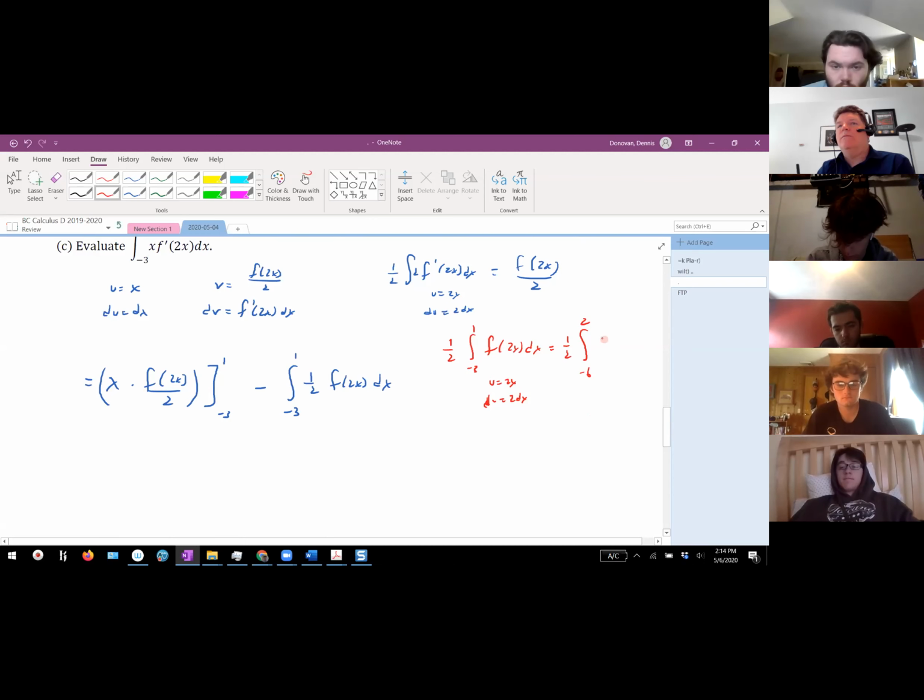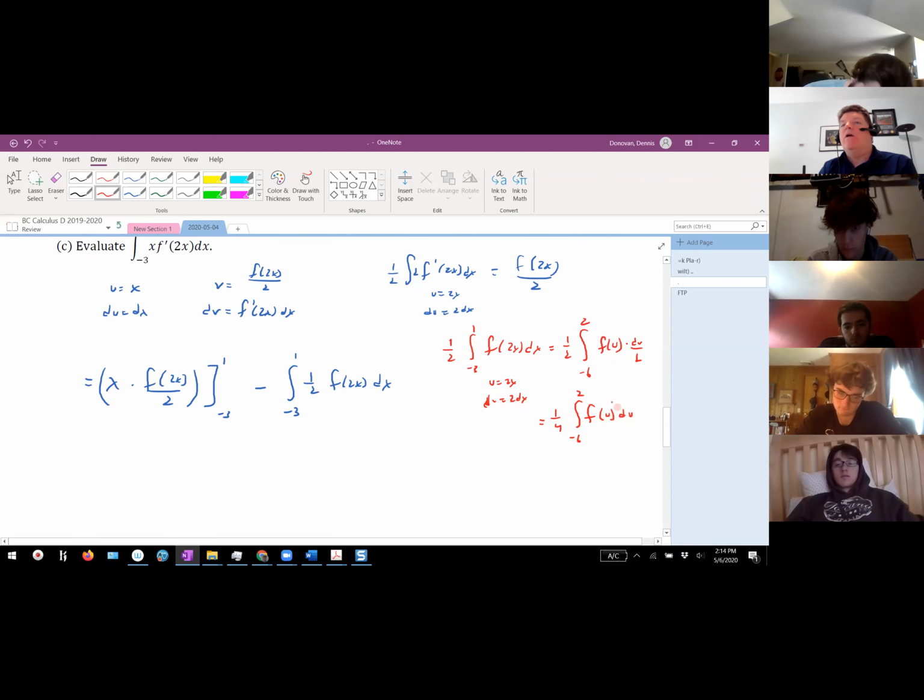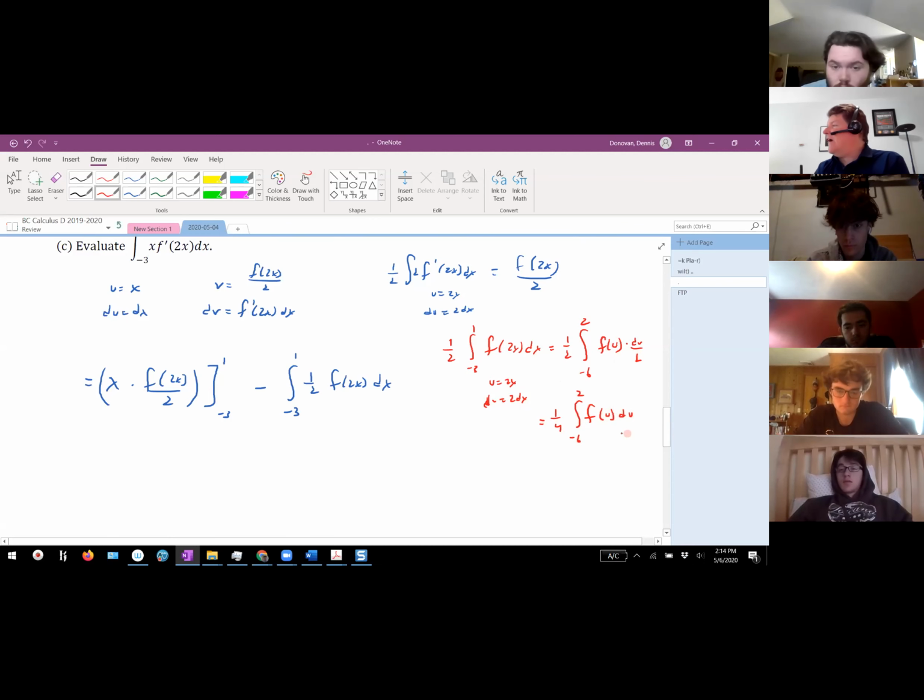F of u, and then dx is du divided by 2. So if I pull the constants all out, I get 1/4 integral from -6 to 2 of f of u du. Well, there's my f of x graph, isn't it? Because it doesn't matter what letter's in there. That's the graph that we're looking at.